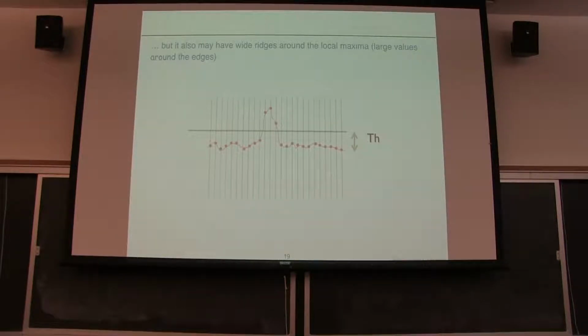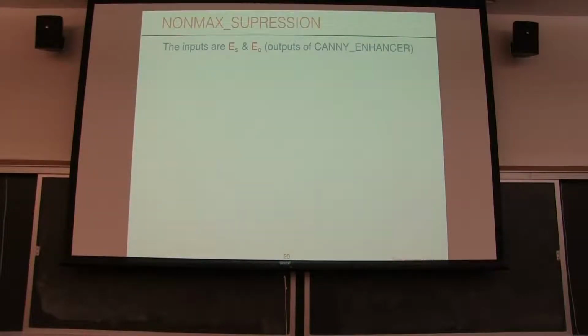So if I am shorter than my neighbor, I say I'm not an edge, and I become 0. The idea is that I pick my local maximum over that, which is cheaper than sorting. So here is the algorithm. Non-max suppression takes as input both the strength of the edges and the orientation of the edges. Why do I need orientations?